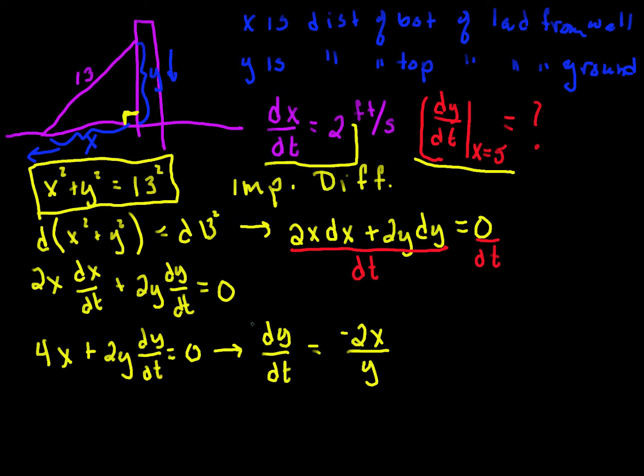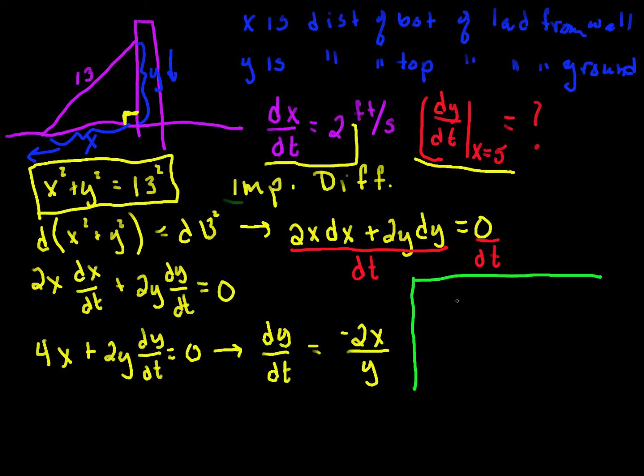I've got an equation for it. So I'm going back to my problem. I want to solve what is dy/dt when x equals 5. And I am a little bit disturbed because my relationship has x's and y's. However, recall that we have a relationship between x and y, that x squared plus y squared is equal to 13 squared. So a little bit of side work over here.